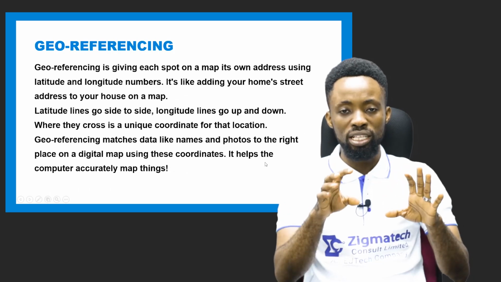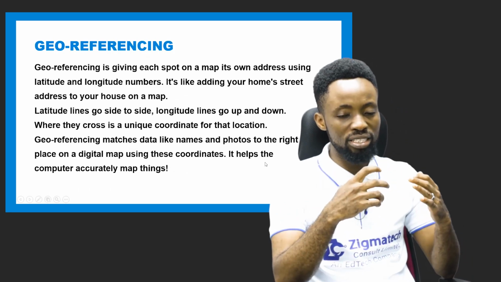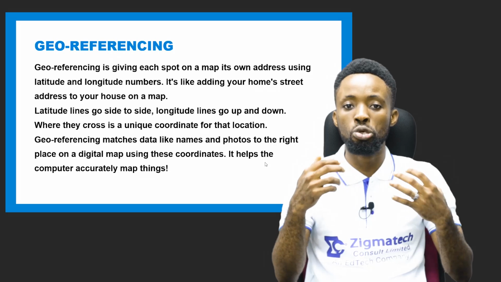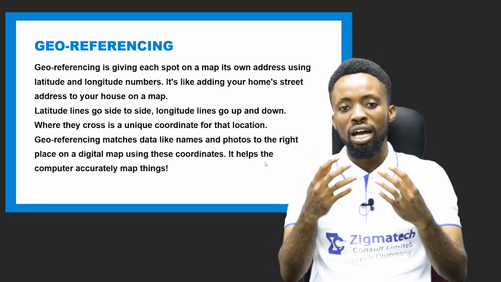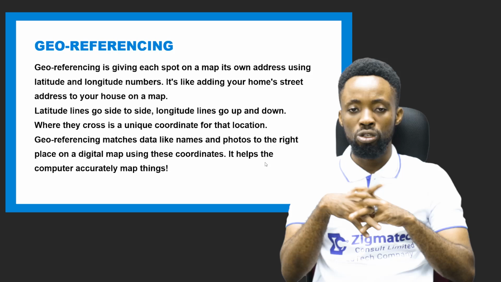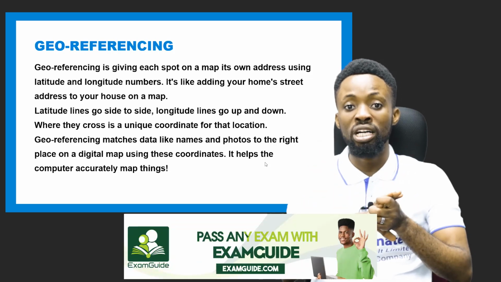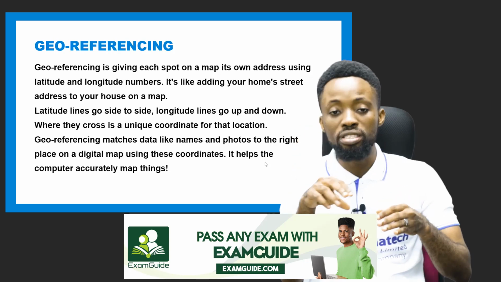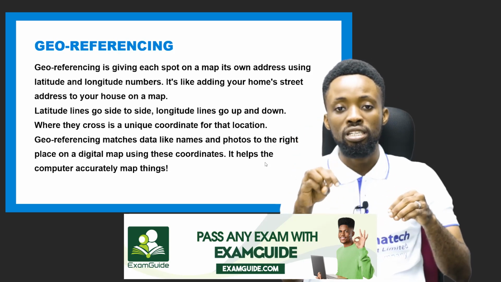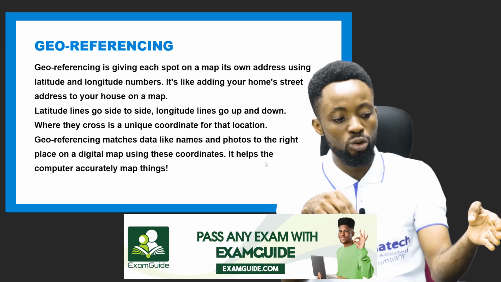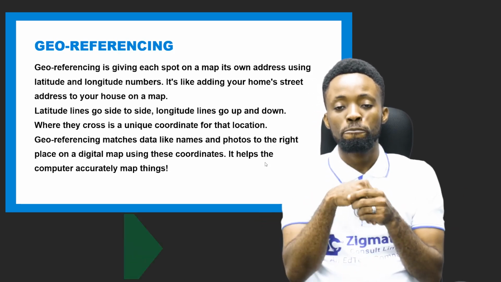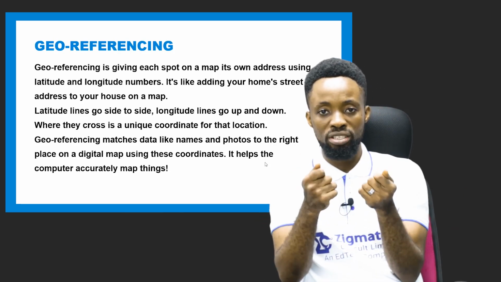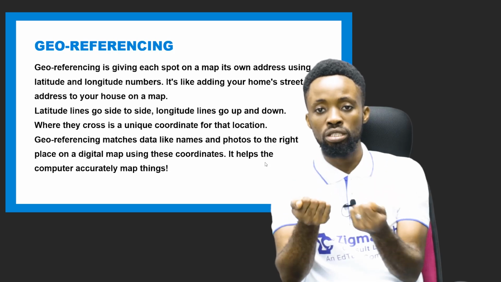Now, let me give an easier explanation of what georeferencing is. Assuming you've seen a puzzle, or you're issued a puzzle, and the puzzle is scattered, and you're asked to fix the puzzle and ensure that the required image is obtained. That's what georeferencing can be likened to.